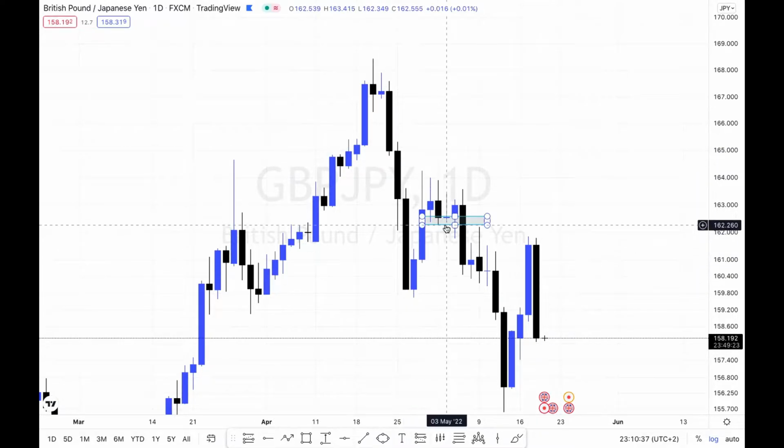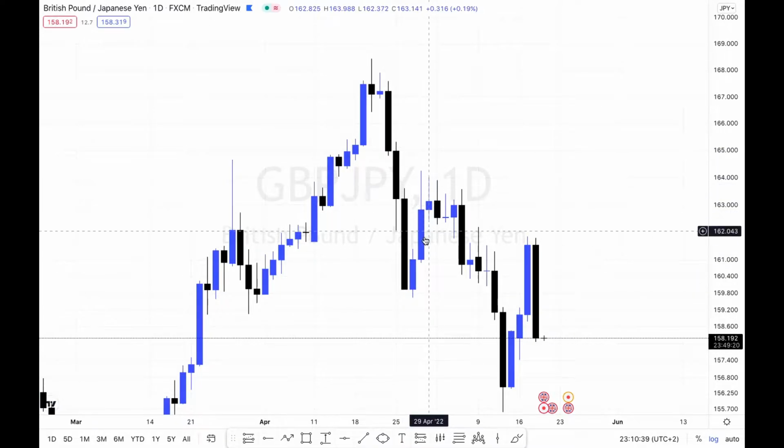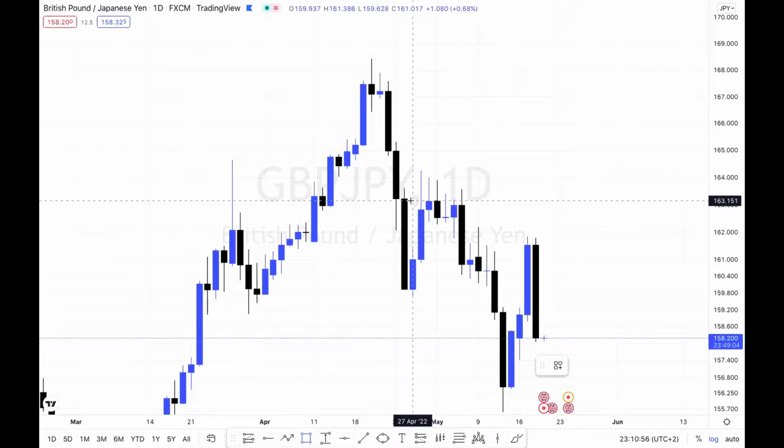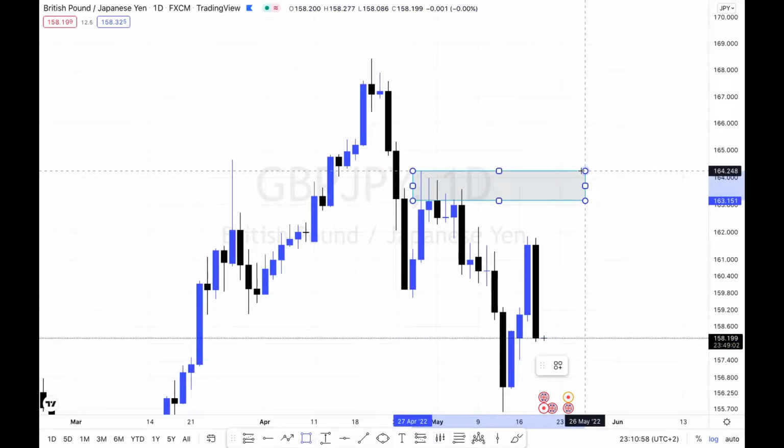Then it started going up, right? It started playing around. So here we first see a bullish candle, then we see what looks like a hammer, then we see a bearish engulfing candle with a huge wick on the top, right? So this indicated resistance being formed on the daily, right? So this was the area.